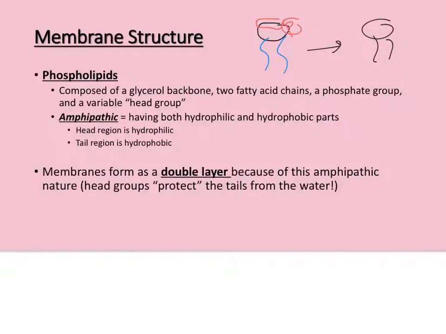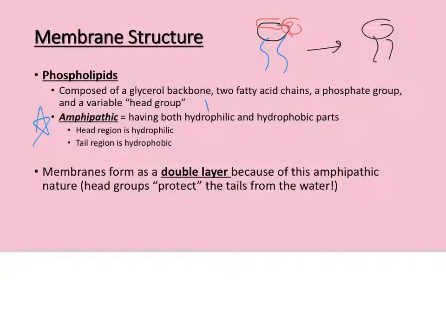Now, the reason these are unique, and we've mentioned these kind of terms earlier this year, is because they have both hydrophilic and hydrophobic parts. So we call these amphipathic molecules. An amphipathic molecule is a molecule where part of it likes water, hydrophilic, and parts of it don't like water. Right?